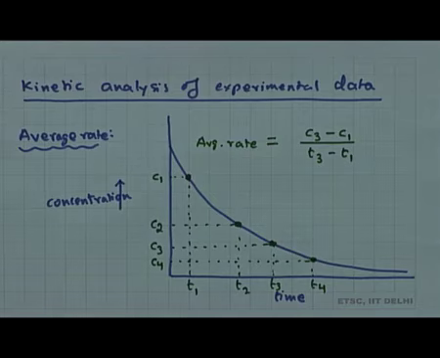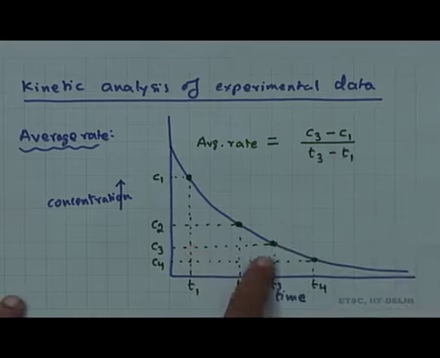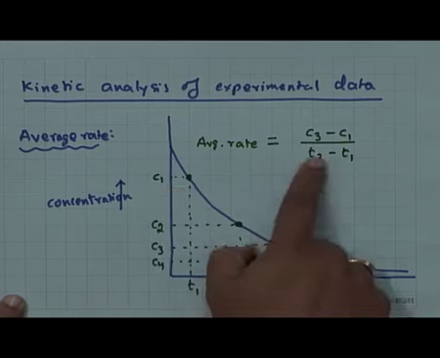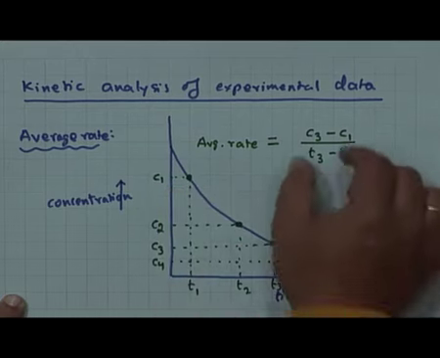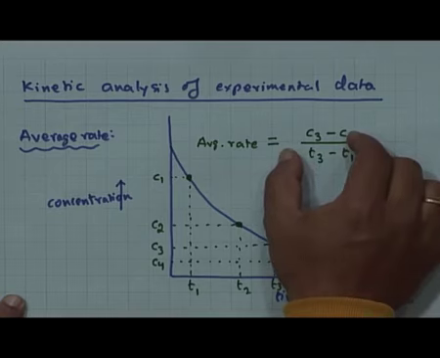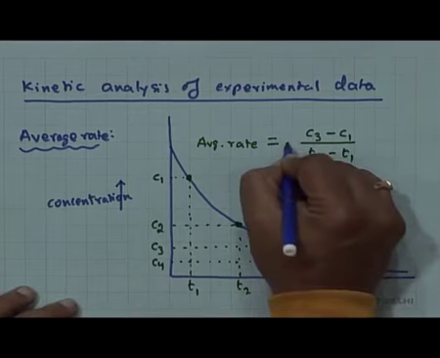I am sure you now realize there is one thing that is missing. Based on our previous discussions, the rate has to be a positive quantity. C3 minus C1 is negative because C3 is less than C1. T3 minus T1 is positive because T3 is greater than T1. Hence, this expression is negative. Because this expression is negative, the rate cannot be a negative quantity. I have a negative sign out here.